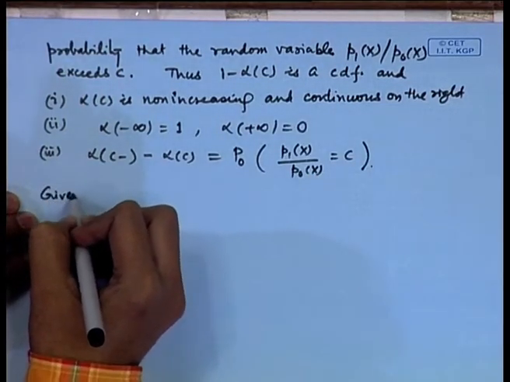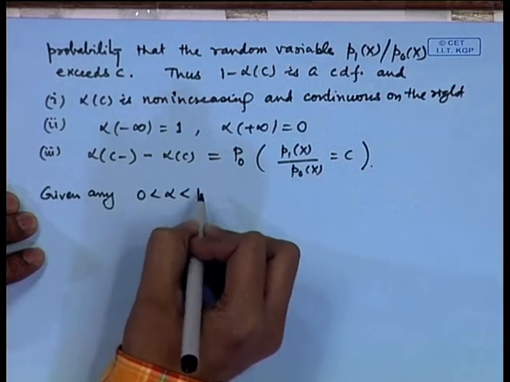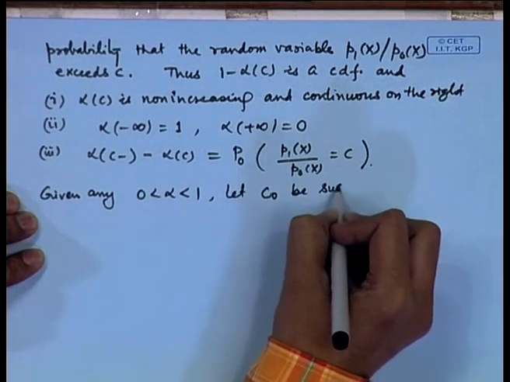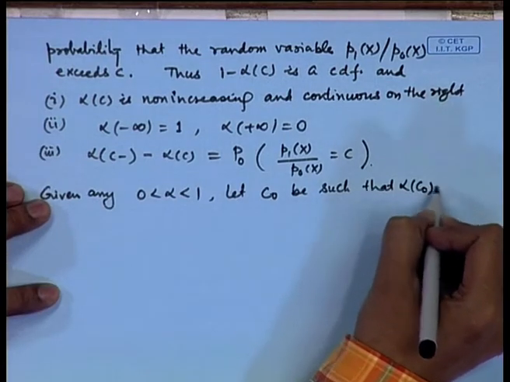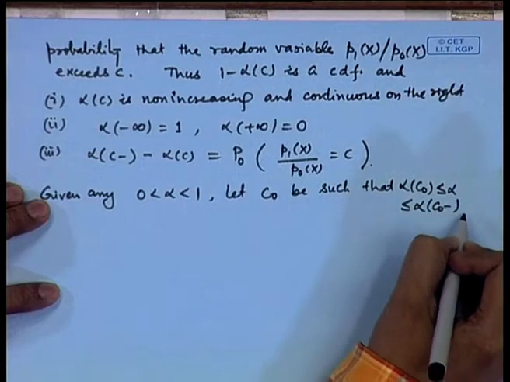So, given any alpha such that alpha is between 0 and 1, let c naught be such that alpha c naught is less than or equal to alpha, which is less than or equal to alpha c naught minus.